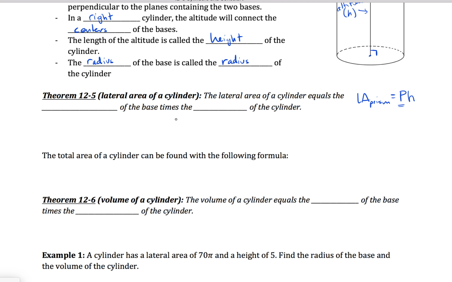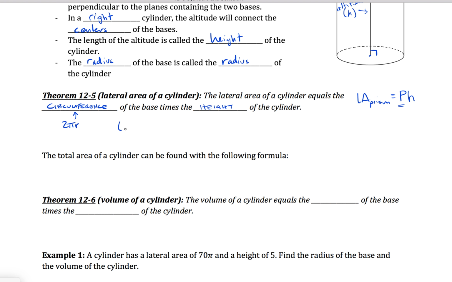It's the circumference. So the lateral area of a cylinder will be, instead of saying the perimeter of the base, we are going to say it is the circumference of the base times the height of the cylinder. So it's essentially the same formula, only we're going to use circumference instead of saying perimeter. And we know how we find the circumference of a circle. We find the circumference of a circle by taking 2 times pi times the radius.